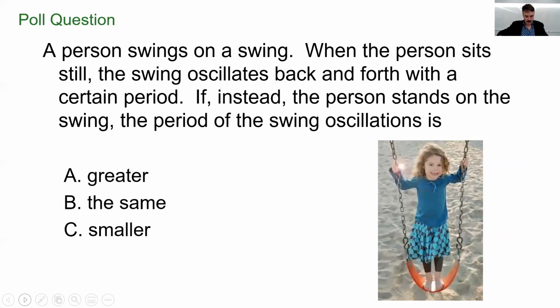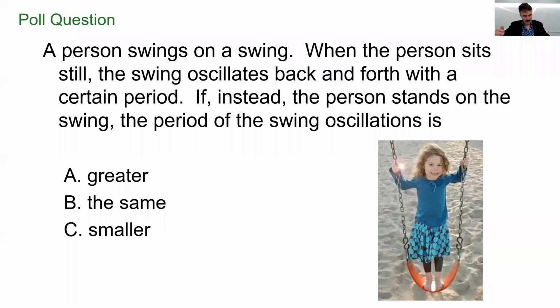Let's do another poll here. Here's a kid on a swing, and the question is, what's the difference between sitting on a swing and standing on a swing? If you could imagine that, would it change the period? So there's your poll.